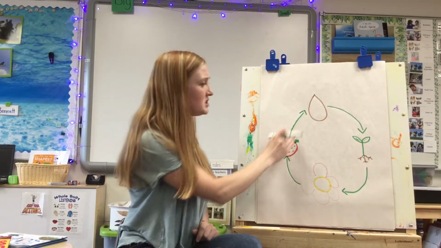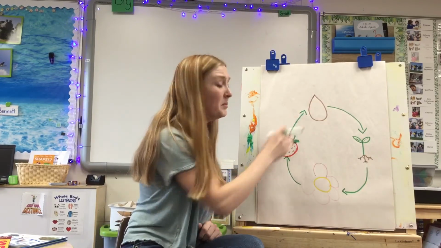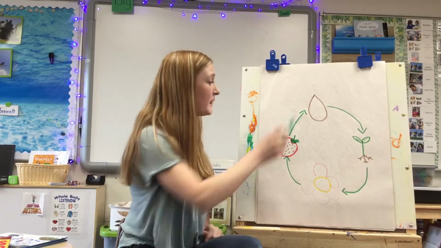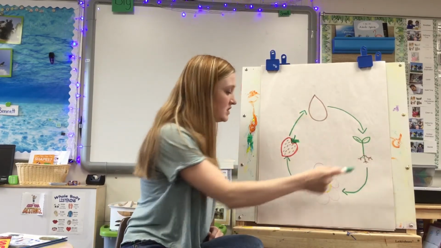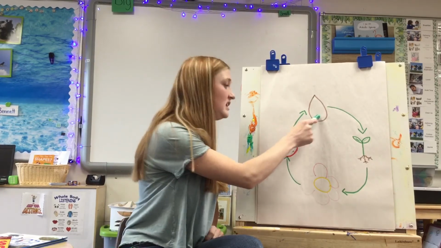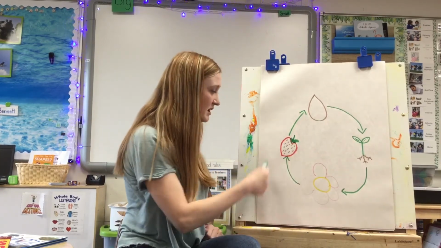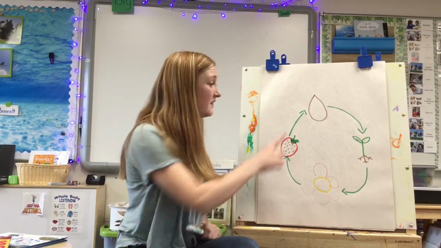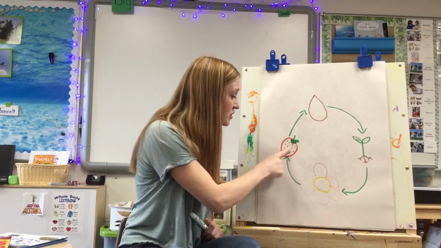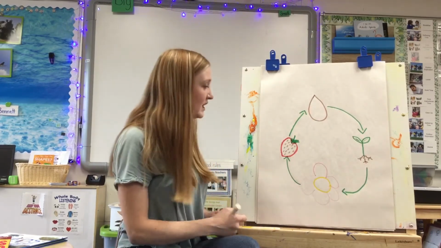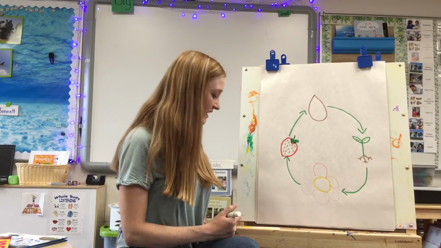So it's a new seed, but it starts the cycle over again. Seed, sprout, flower, fruit with seeds on it, a new seed, sprout, flower, fruit with seeds on it. So even though it starts over, this seed made new seeds to start our process all over again. We know that this is a life cycle.